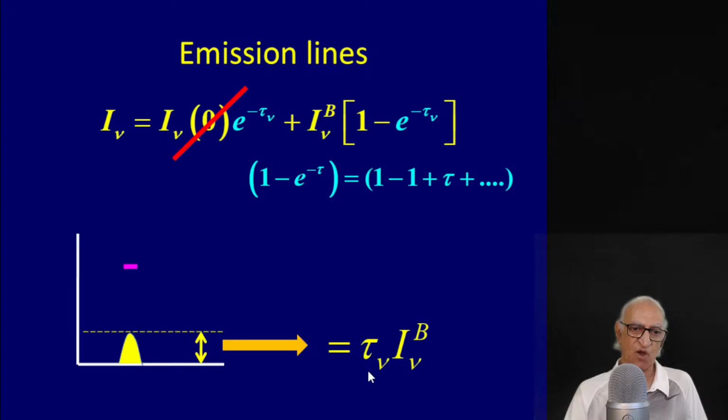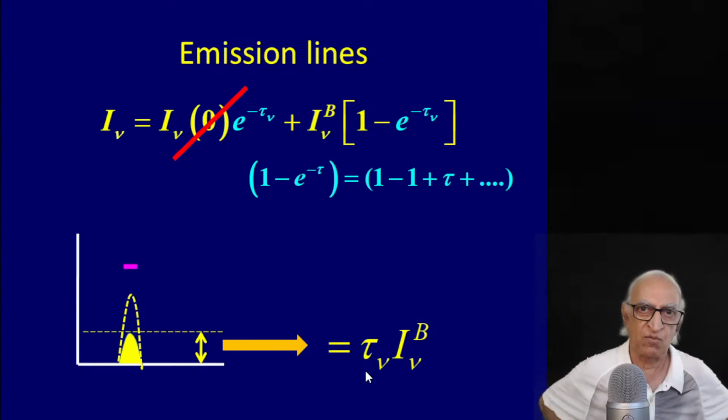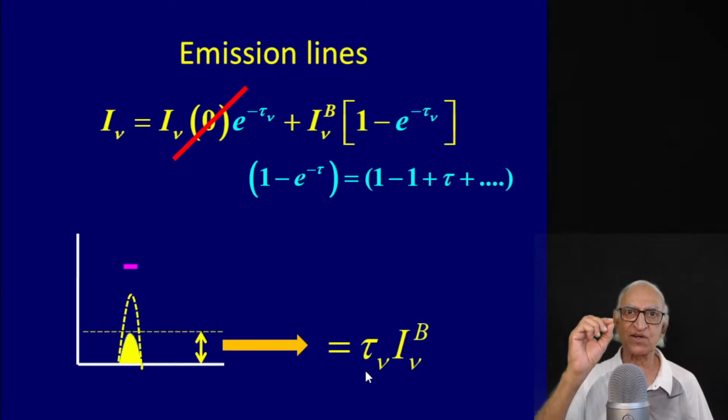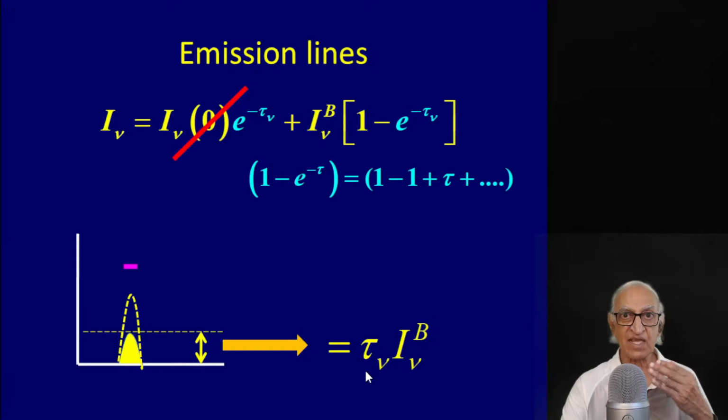Now, if the optical depth in the limb of the sun is a little larger, then the amount of radiation I'll get will be larger. And therefore, the emission line will be more intense. Now, as I go on increasing the optical depth in the limb of the sun, the outer layers of the sun, eventually the limb of the sun will tend to become a black body.